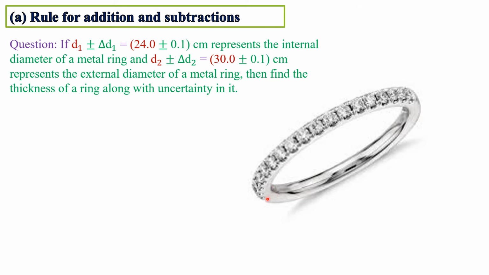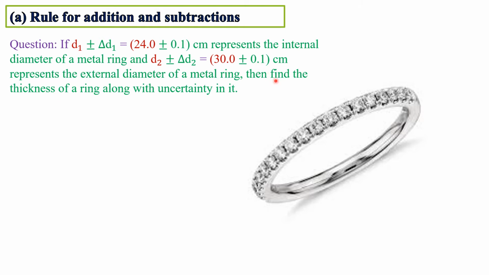This ring has some thickness T. So due to this, it has internal and external diameters. Its internal diameter d1 is 24.0 centimeters and uncertainty in it is plus minus 0.1 centimeters. And its external diameter d2 is equal to 30.0 centimeters, and uncertainty in this diameter is plus minus 0.1 centimeter.